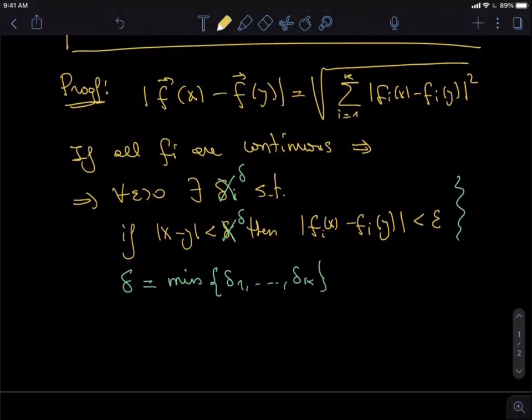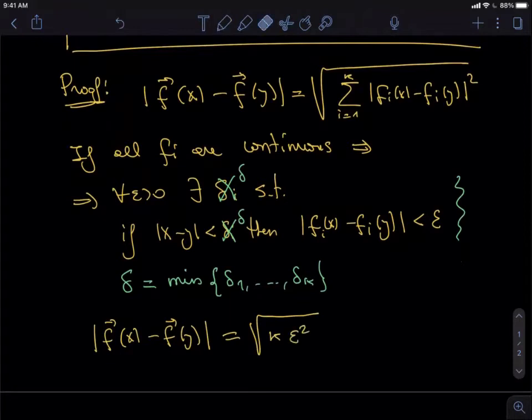And now once we have this, what do we get? We get that the norm of f(x) minus f(y) equals the square root of k times epsilon squared. Actually, not equal, less, because see what was inside of the square root. It was all these quantities that we know are less than epsilon. So we get epsilon squared, k times.